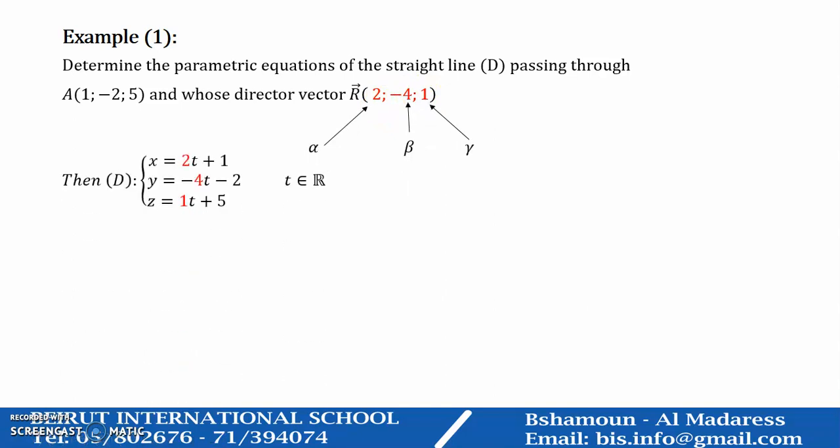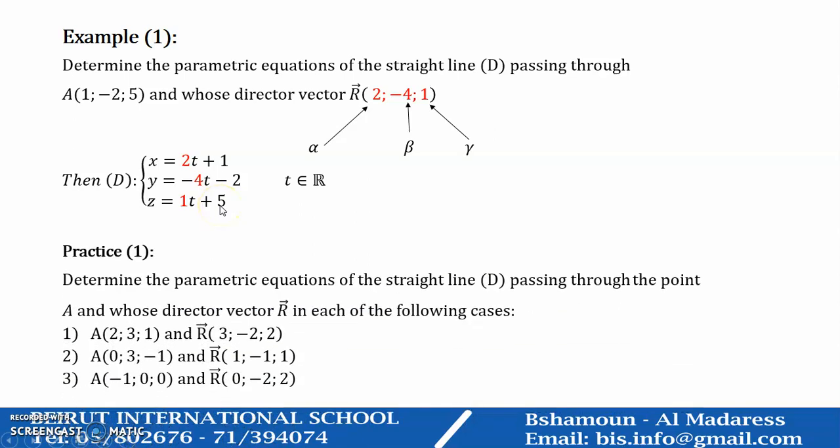So I can say that the parametric equations of the straight line D are of the form x equal alpha t plus x of a, y equal beta t plus y of a, which is minus 2, and z equal gamma t plus what? z of a. This question is for you to practice.